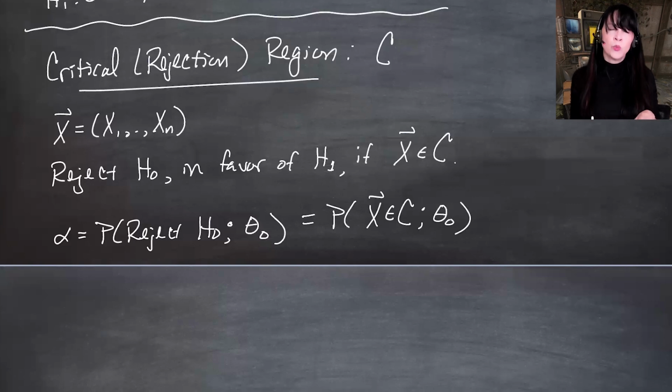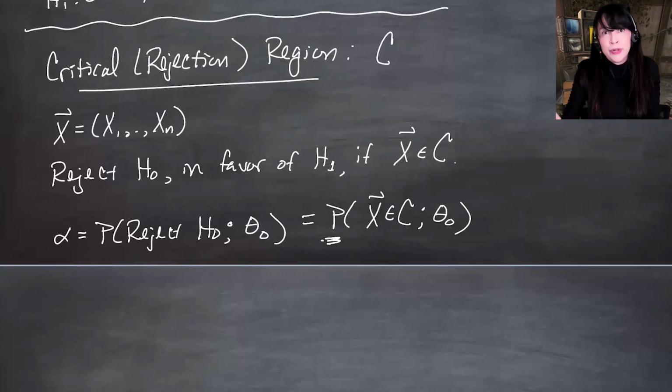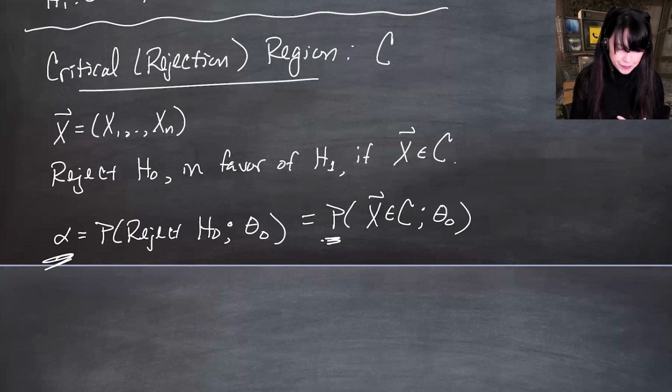This right here is why I often call alpha the size of a test. In a more data-oriented course, it's usually called a level of significance, and it's absolutely fine if you call it that as well. But in more advanced probability, this function, this P, is measuring a certain set. It's a function that you're putting a set into and you're measuring it, whatever that means. We're not doing measure theory in this course, but this is saying the measure of it, or the size of it, is alpha. So that's where the terminology size comes from.